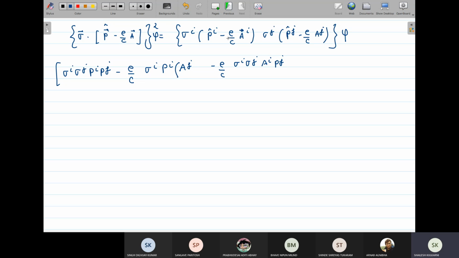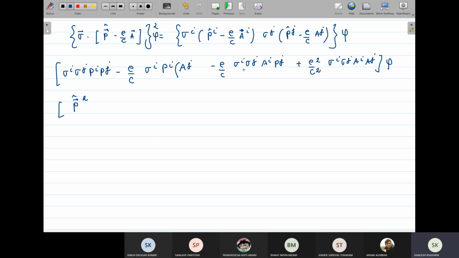And then the last term, minus times minus, will be plus e squared by c squared sigma i sigma j A_i A_j, and this entire thing will act on phi. This term is P squared, the operator P squared.